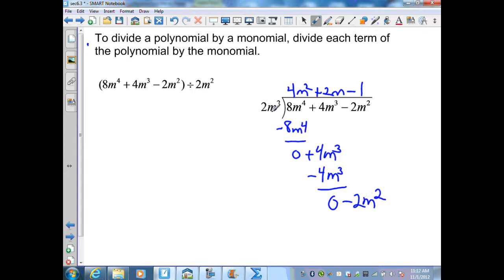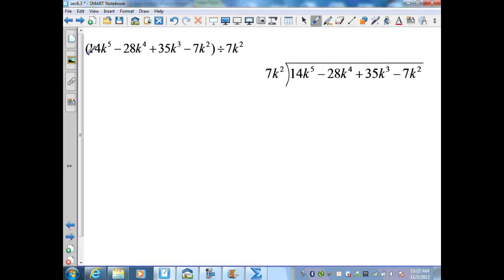So 2m squared times a negative 1 is a negative 2m squared. Now I change the sign. That gives me a subtraction, gives me a remainder of 0. Since that is a remainder of 0, I know that 2m squared and 4m squared plus 2m minus 1 are factors of this polynomial. Let's look at one more example with a monomial.